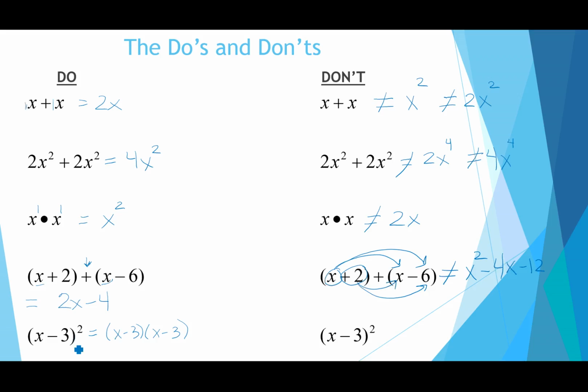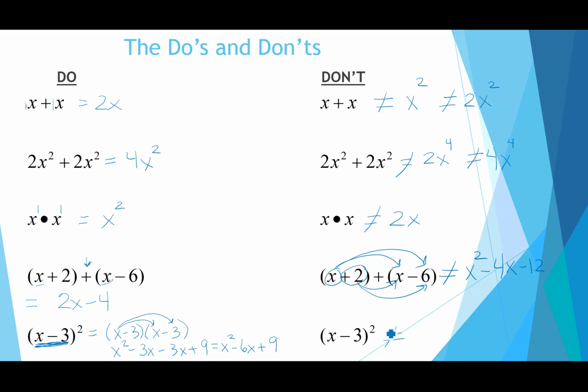So in this type of problem, where you have a base of x minus 3 or a base that's a binomial being squared or raised to a power, expand that problem first so that you can see what has to be distributed and multiplied. So we should end up with x squared minus 3x and minus 3x and plus 9. So we get for this one x squared minus 6x plus 9.